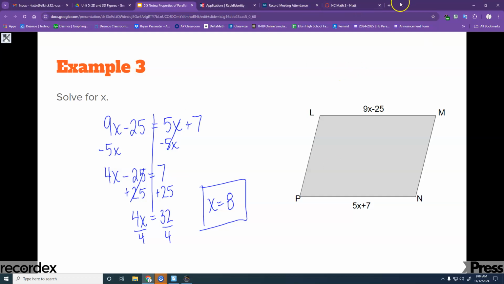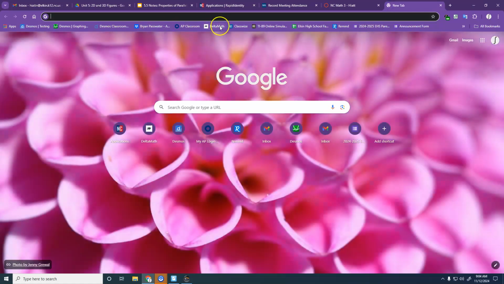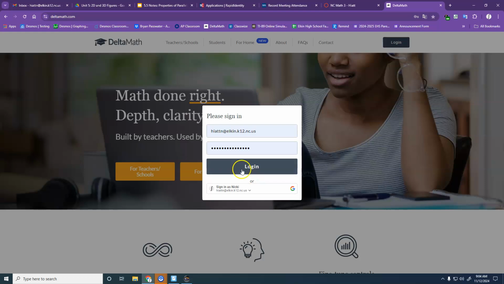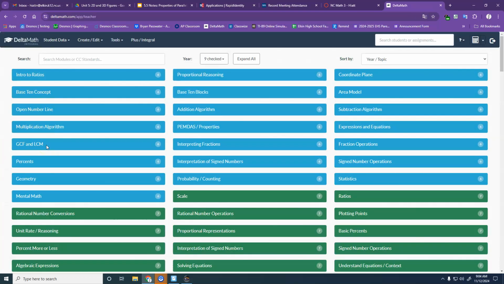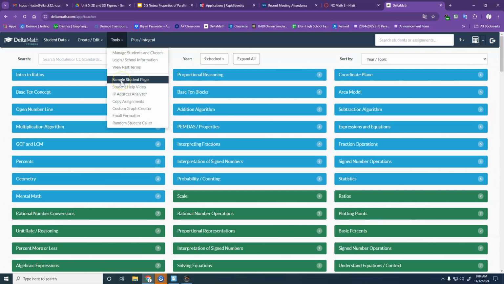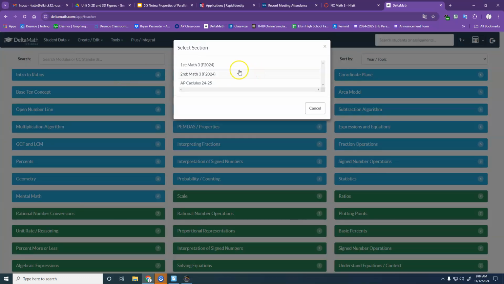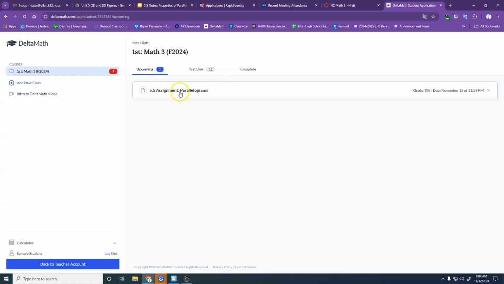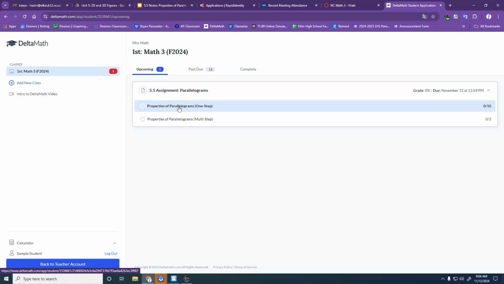Your assignment for today is going to be on Delta Math. You should definitely get this done in class because we still have like 45 minutes of class left. When you go to Delta Math, you should see 5.5 assignment parallelograms. There are one-step problems, and then there are multi-step problems.